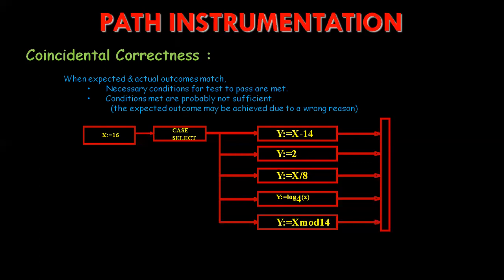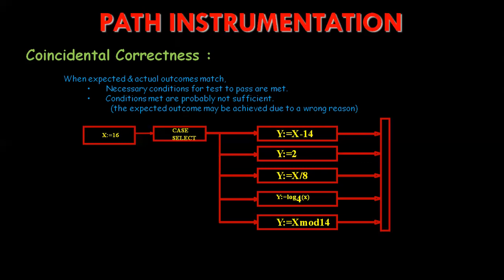Coincidentally we are taking the variable x value as 16, or coincidentally it is happening that for x equal to 16 all these give y value as 2. Therefore the test that we are choosing this way will not tell us whether we have achieved the coverage or not.